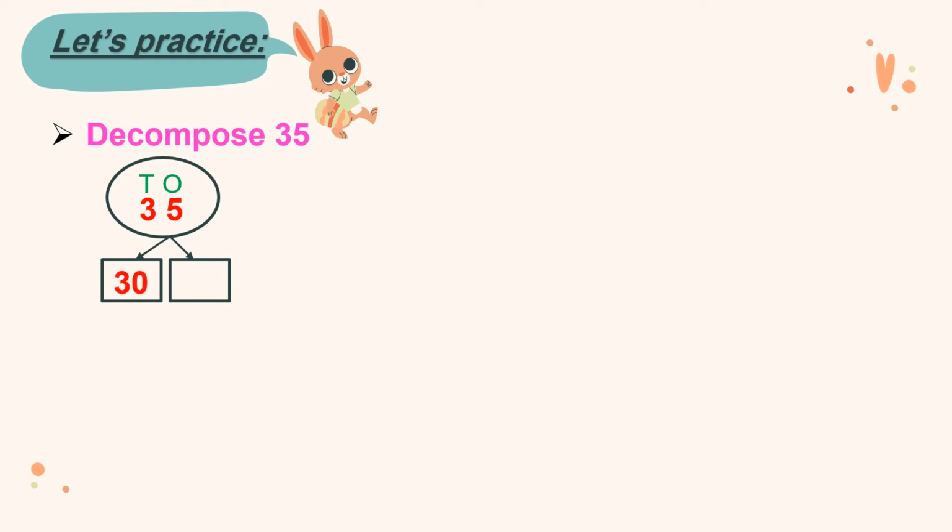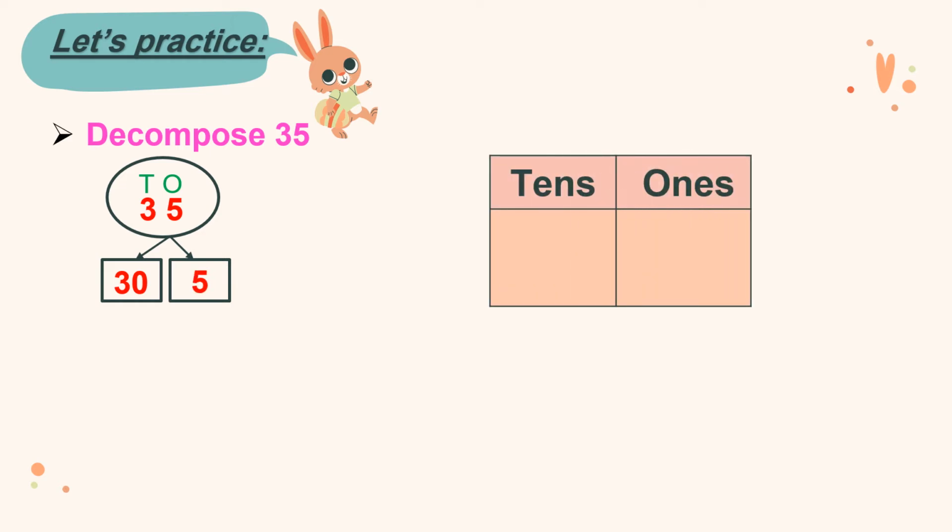In ones, how many zeros do we have? Nothing. Put 5 as it is. Now let's draw sticks in tens, small squares in ones. In tens, 3. So we will draw 3 sticks. In ones, 5. So we will draw 5 small squares.